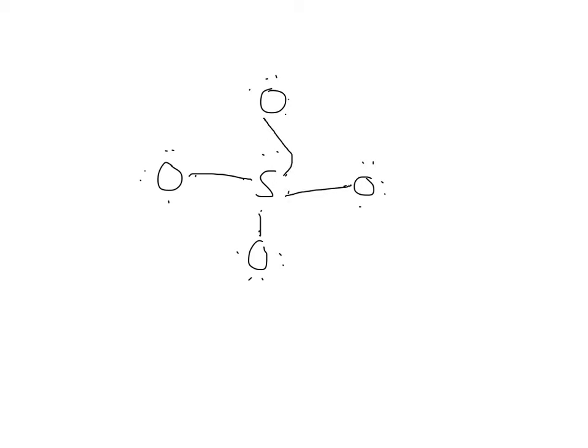Sulfur in the middle, oxygen, oxygen, oxygen, oxygen. If I connect there, and I connect there, and then I use that guy to connect there, okay? I know I've still got those 2 extra electrons, so I'm going to put those there and there, okay?